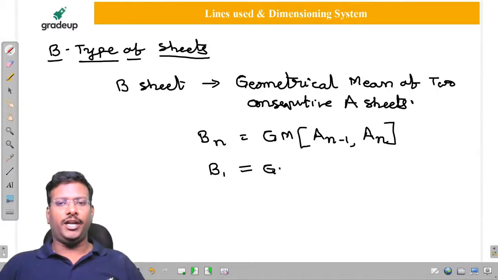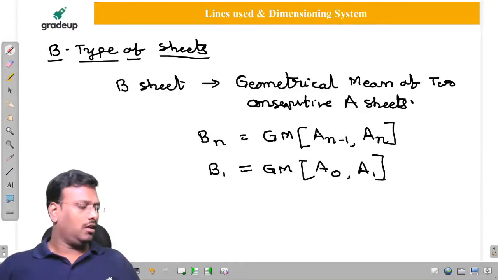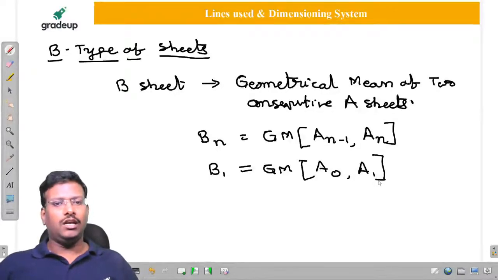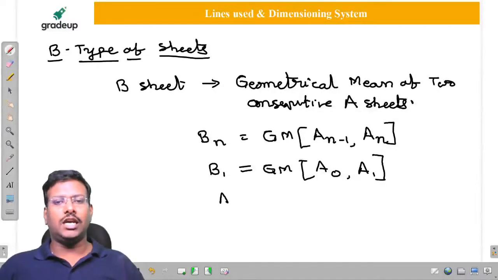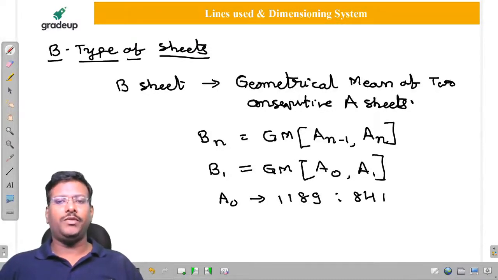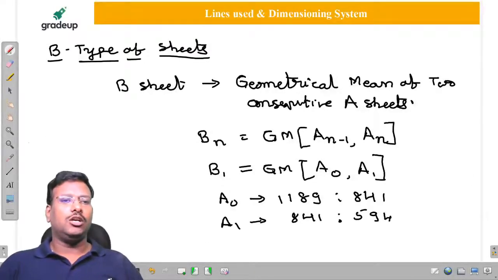B1 is the geometrical mean of A0 and A1. So what is A0 size? Just now you know it is 1189 by 841. What is A1 size, sir? A1 size is 841 by 594.